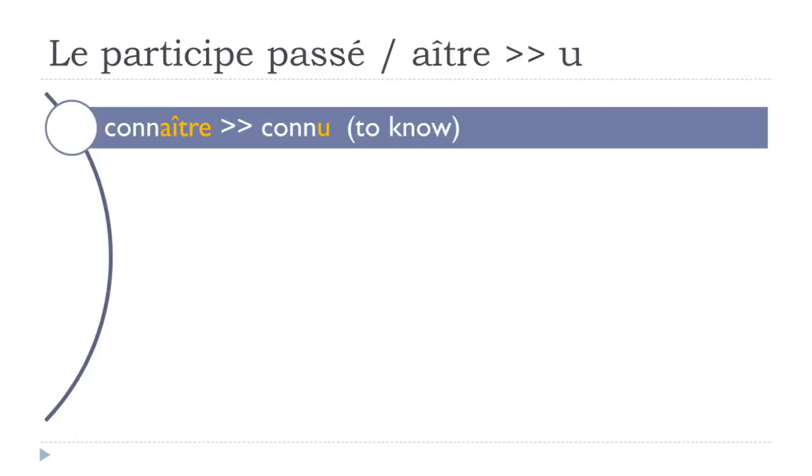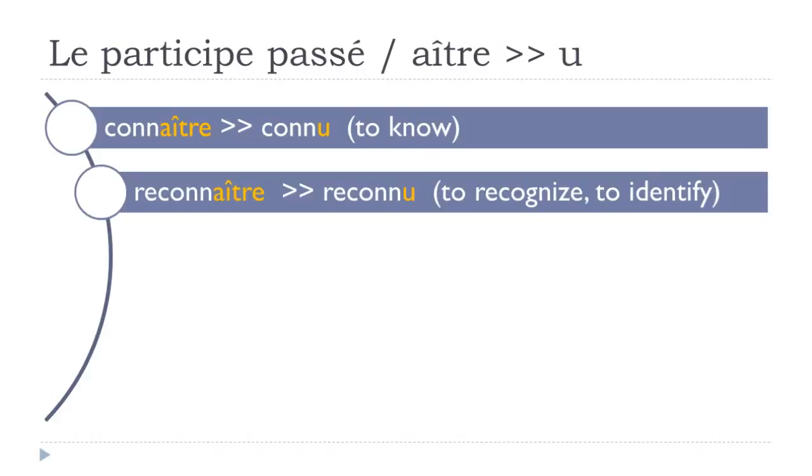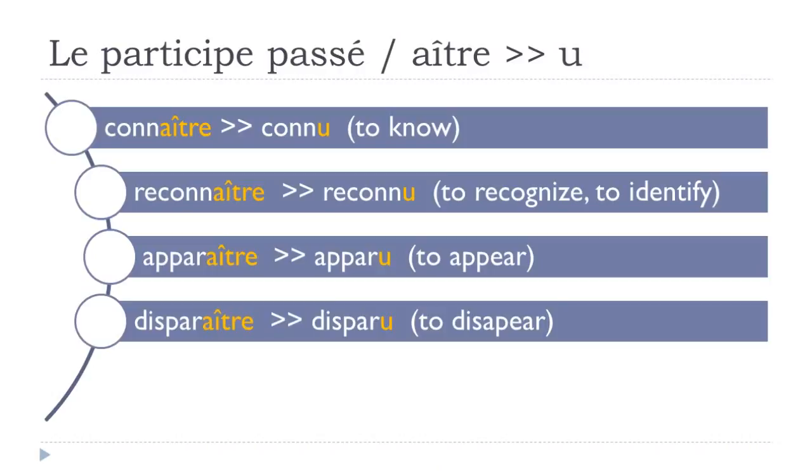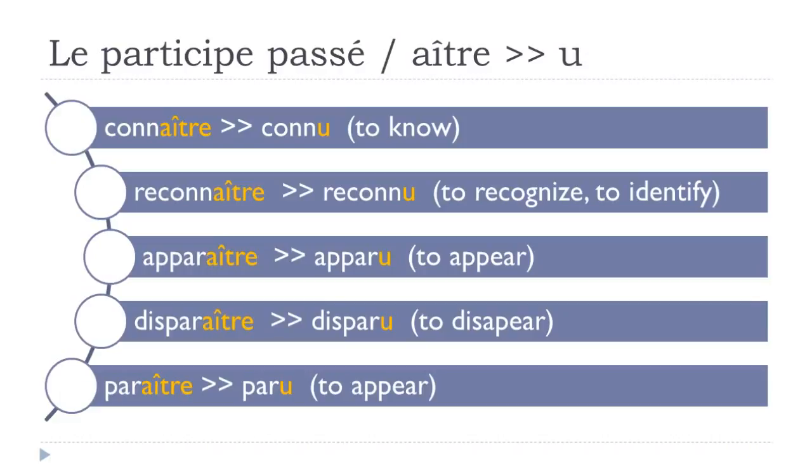So let's see a few examples. Connaître, connu. Reconnaître, reconnu. Apparaître, apparu. Disparaître, disparu. Paraître, paru.